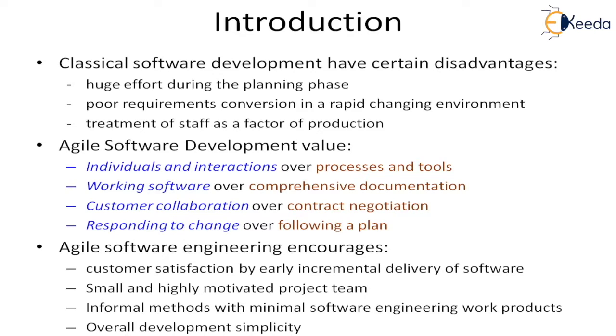The software engineering work products that we produce during the development cycle should be the minimum required to just create the code, and the overall development should be as simple as possible. Simplicity is one of the practices that is encouraged in agile software engineering.